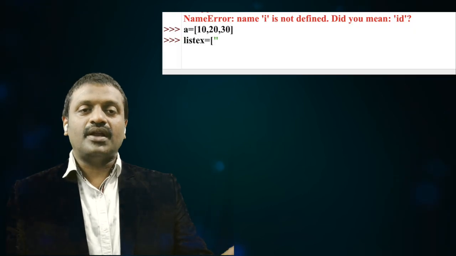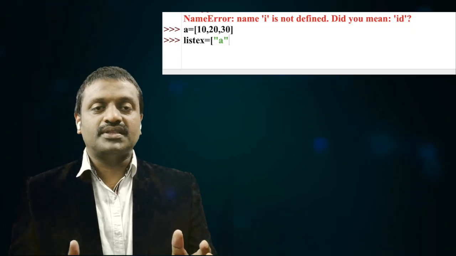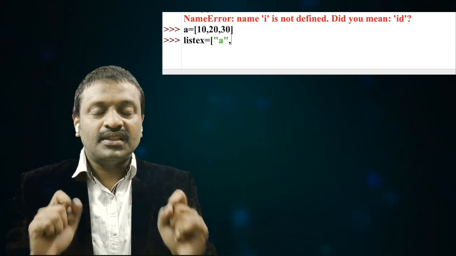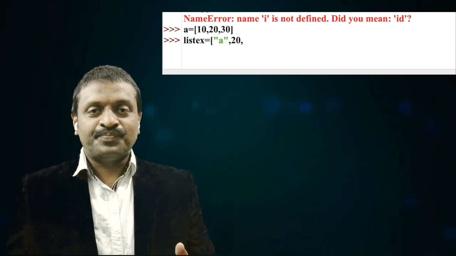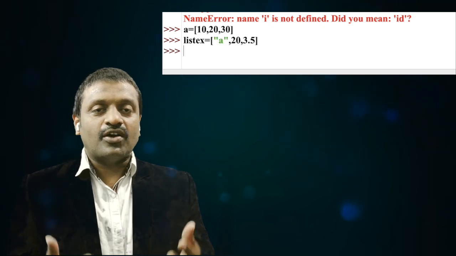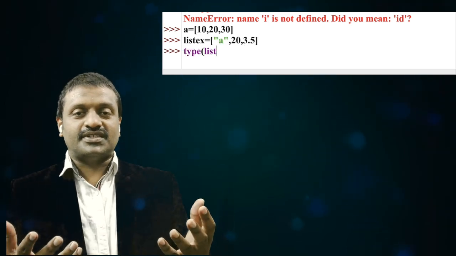Let me tell you now how to create a list. In order to create a list, it is very easy. You just embed all the elements separated by commas within square brackets. That forms a list. You can also create a list object simply by calling the constructor of the list function.